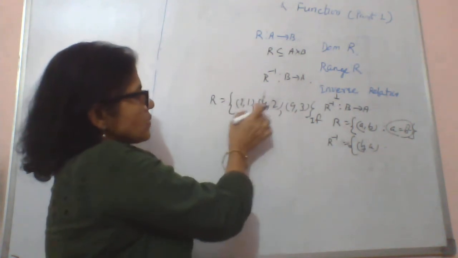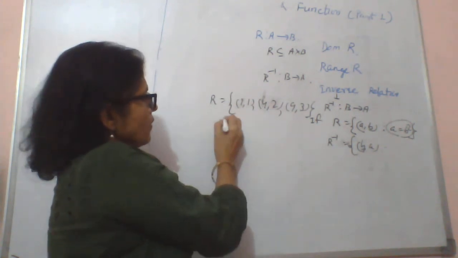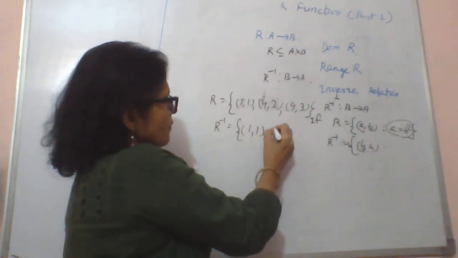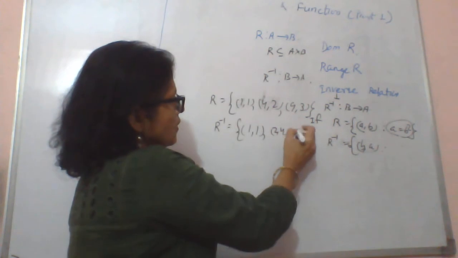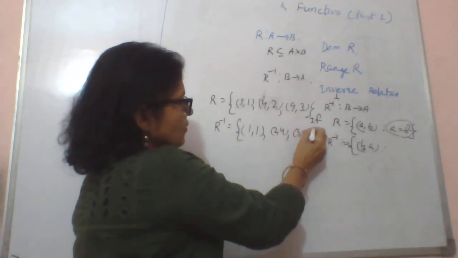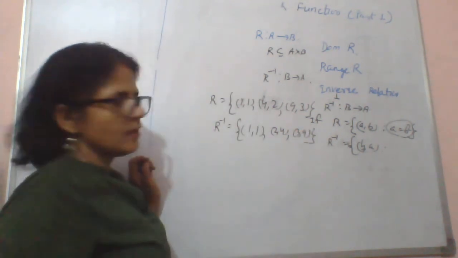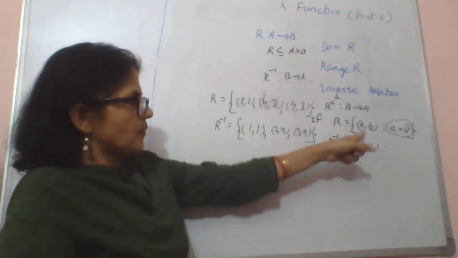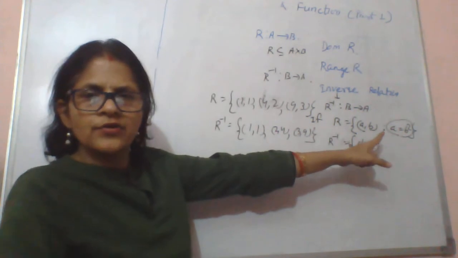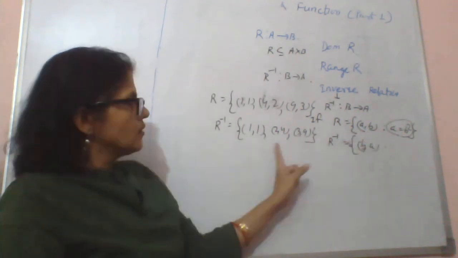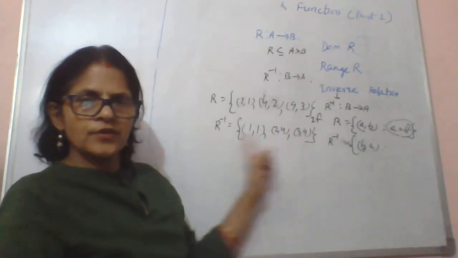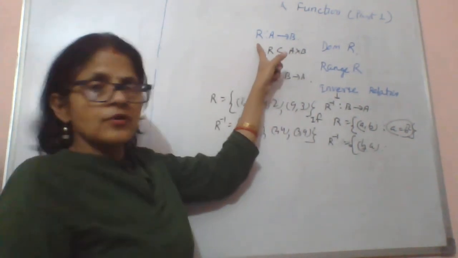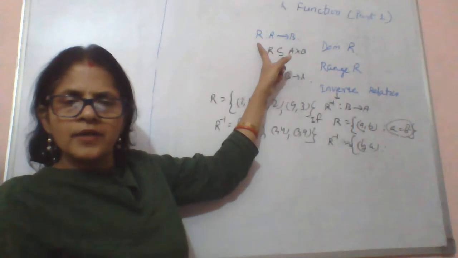So if the relation R is this, your R inverse we will write as (1, 1), then (2, 4), then (3, 9). So it is like (b, a). Here you see a = b², that is the original relation. In inverse, we are just interchanging the ordered pair. This is all about when the relation is from A to B.